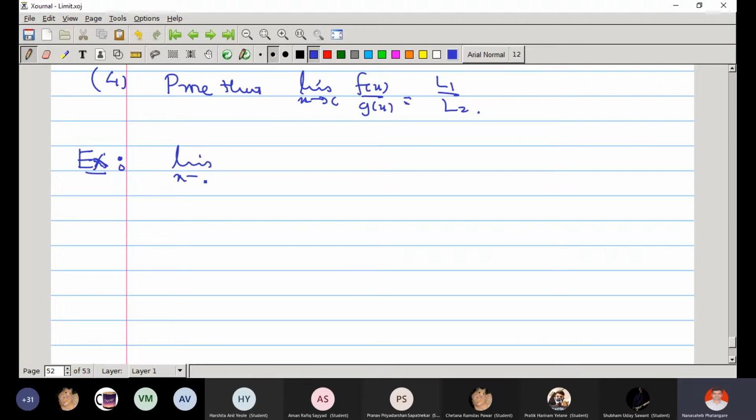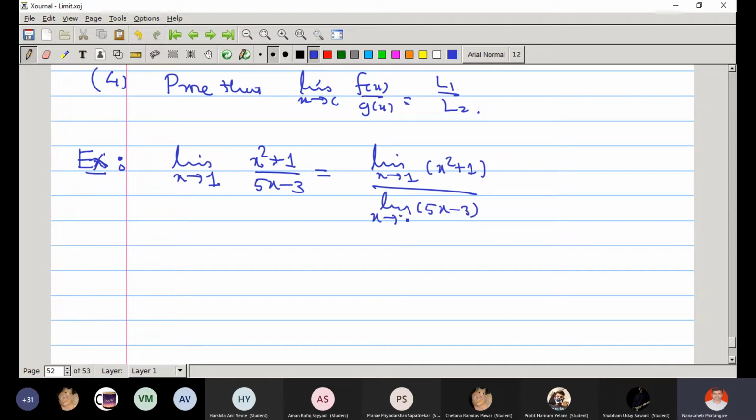What is the limit as x tends to 1 of (x square plus 1) upon (5x minus 3)? So what is this limit? Yes, it is the limit as x tends to 1 of x square plus 1, upon the limit of 5x minus 3 as x tends to 1.